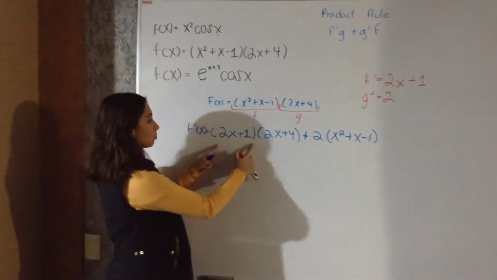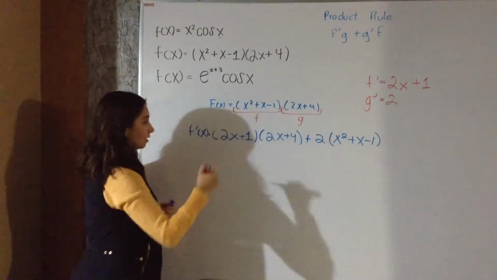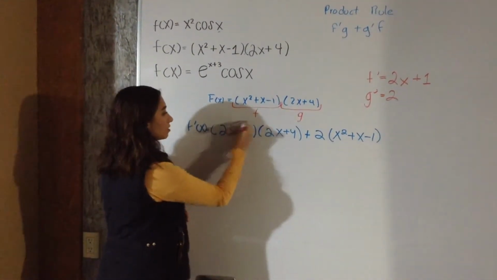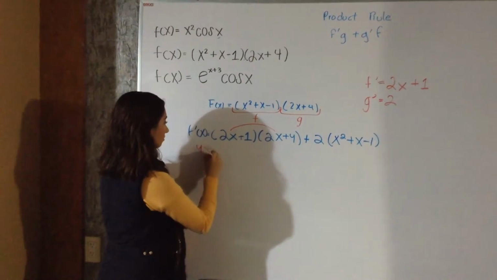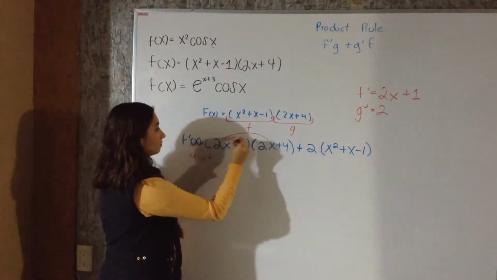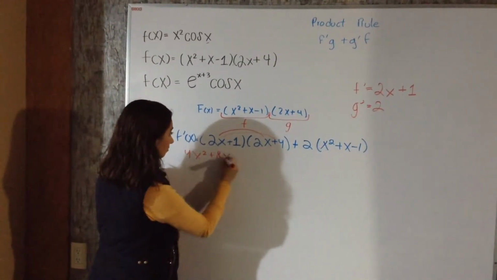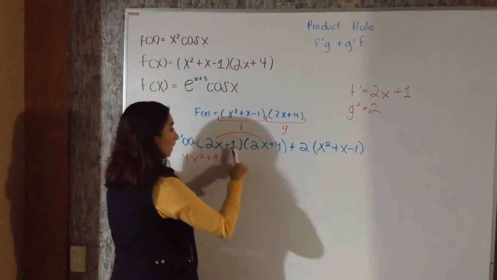I'm going to make this product by this product and this by this. First, it's going to be this by this, x squared. Then this by 4. Then by 1.